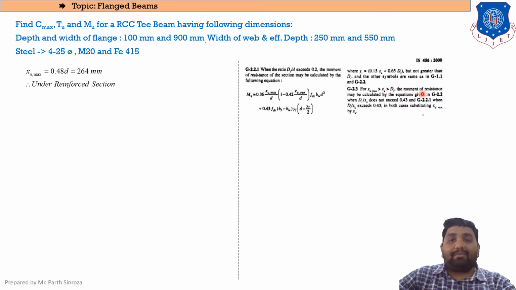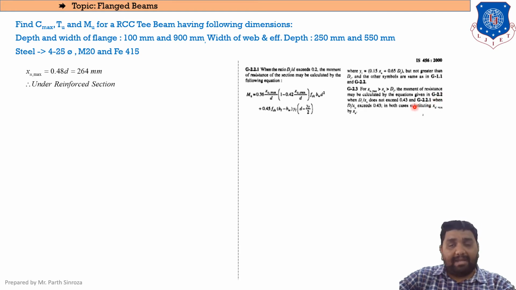So the moment of resistance, that is Mu, may be calculated by the equations given in G2.2, but when the DF by XU ratio does not exceed 0.43, that means it can be less than or equal to. So whenever the ratio of DF by XU is less than or equal to 0.43, then we will be using the equation for Mu belonging to G2.2, that means page 96.